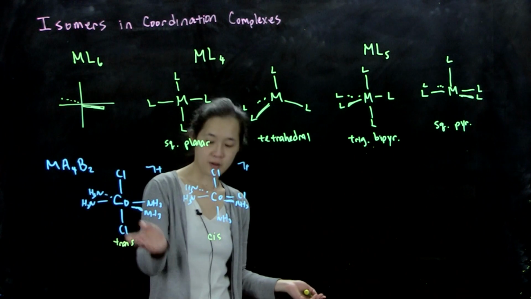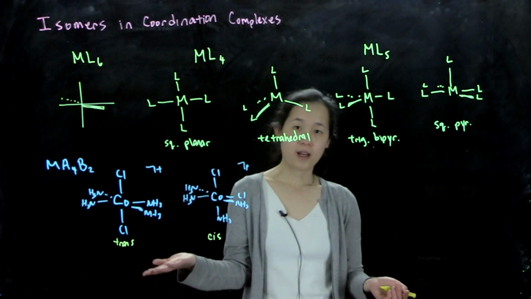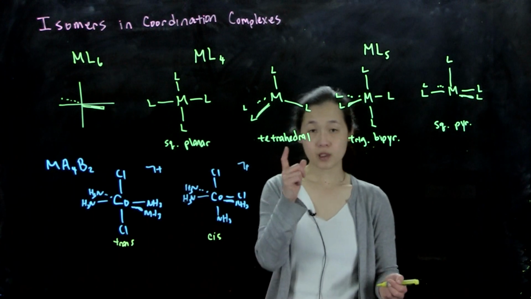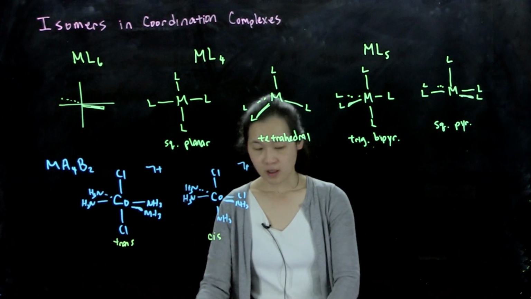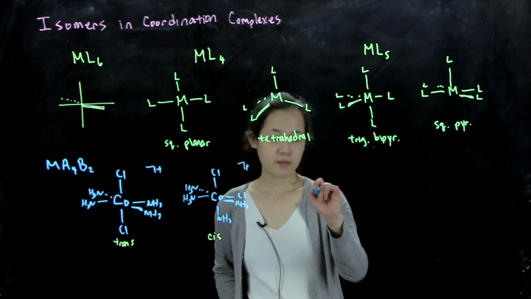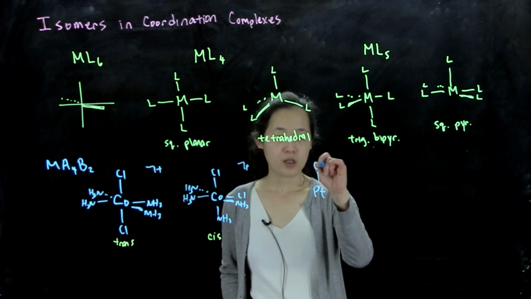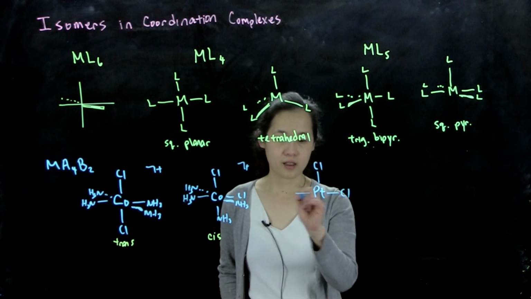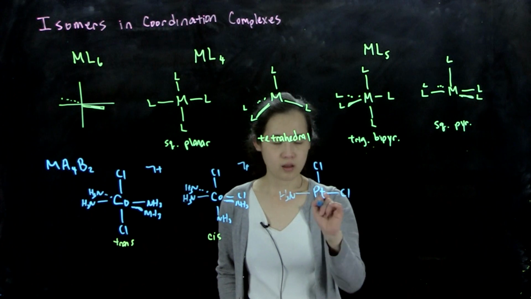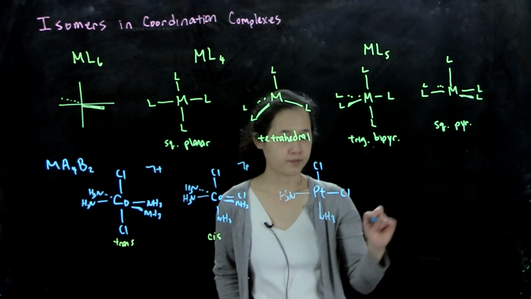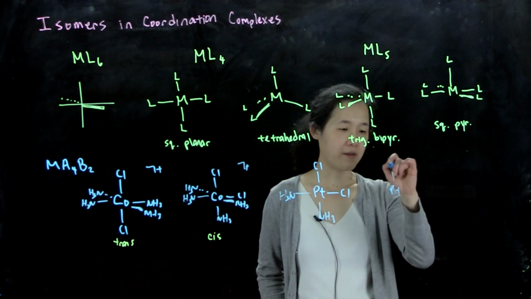in the octahedral geometry. This could also happen with a square planar 4 coordinate complex. As an example, if we have platinum with 2 chlorides and 2 ammonias, we could again have them 90 degrees to each other, or we could have them 180 degrees from each other.